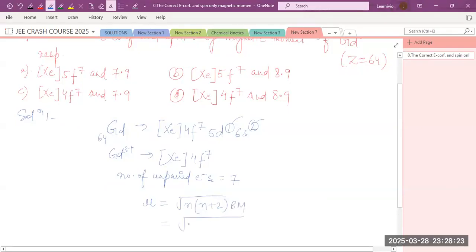Now substitute the value: 7 into 7 plus 2. 9 sevens are 63 over here, so 3 root 7, which gives you 7.93 Bohr magneton.